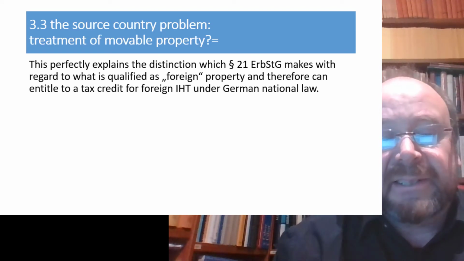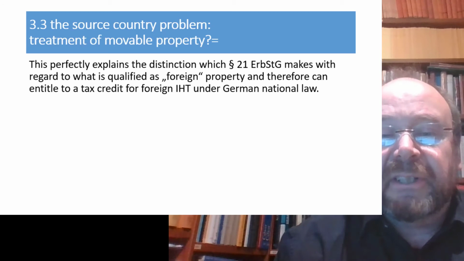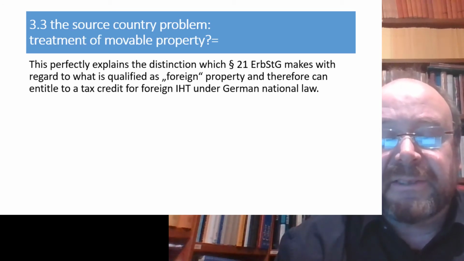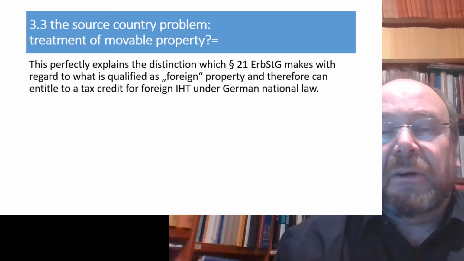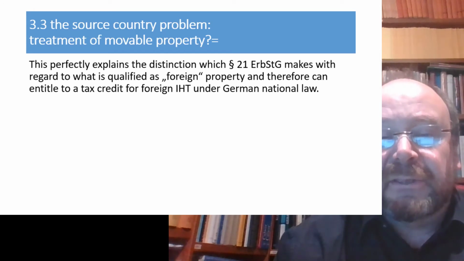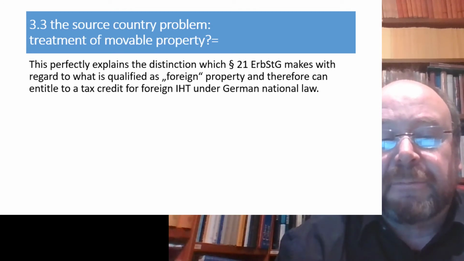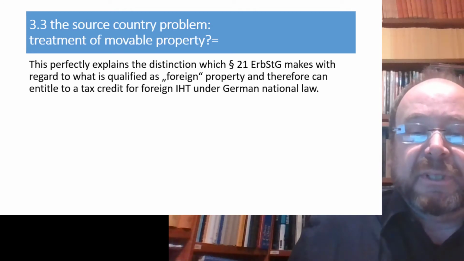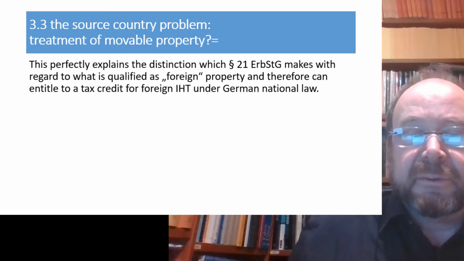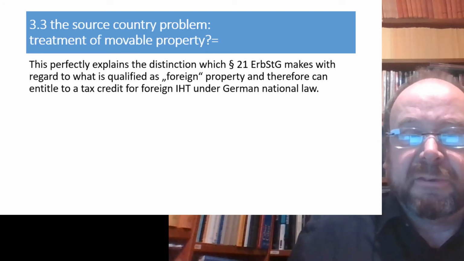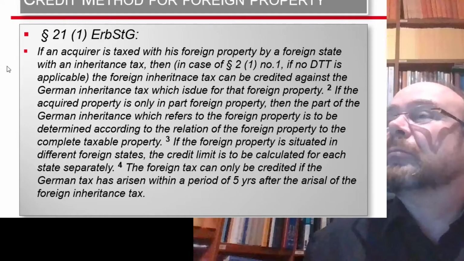This even explains that strange distinction in paragraph 21 Inheritance Tax Act in Germany, where it is also said you get a credit on foreign property, and the extent depends on where the previous owner lived. We should take a look at that rule in the German law to make ourselves familiar with it.